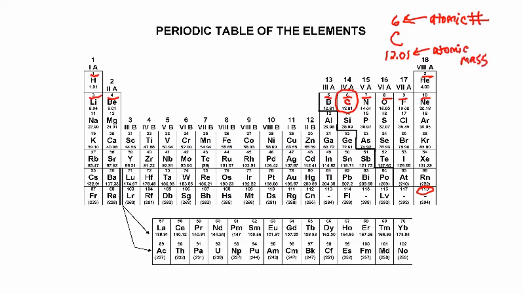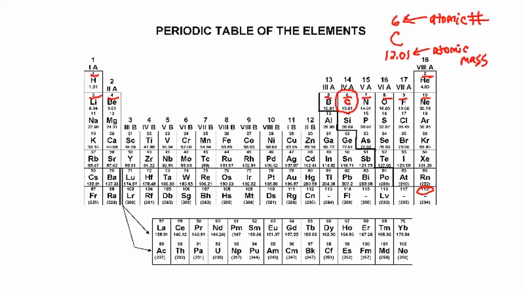Mass is similar to weight. We would call it weight on Earth, but if you're on the moon and the gravity is different, you would weigh less, but the mass stays constant. So there's an actual difference between mass and weight, but while you're on planet Earth, mass is the same as weight.